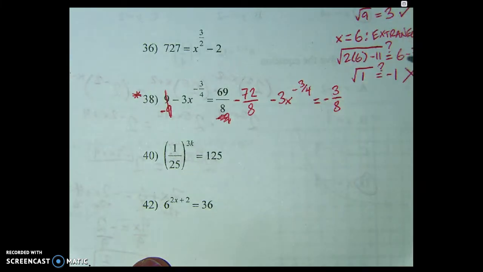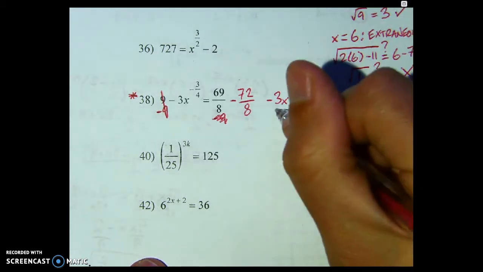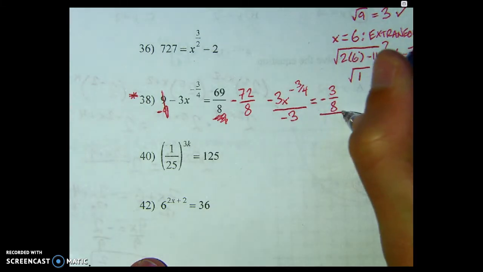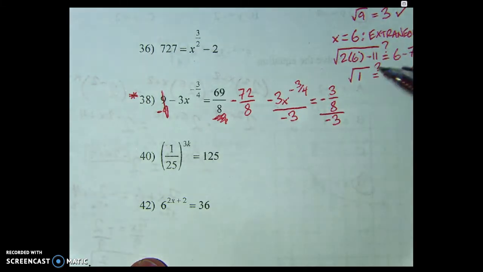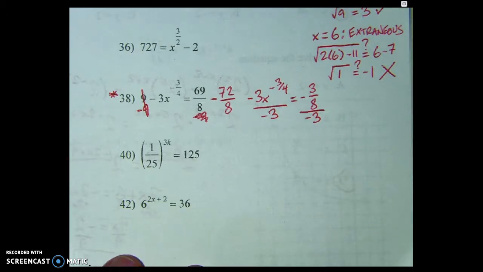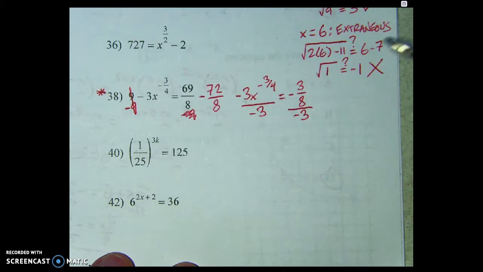Okay. And what do we do next? Well, now I need to get rid of this negative 3 that's blocking the x. So we're going to divide both sides by negative 3. But that's weird. What's negative 3/8 divided by negative 3? Well, you can think about this like dividing by a fraction, right?